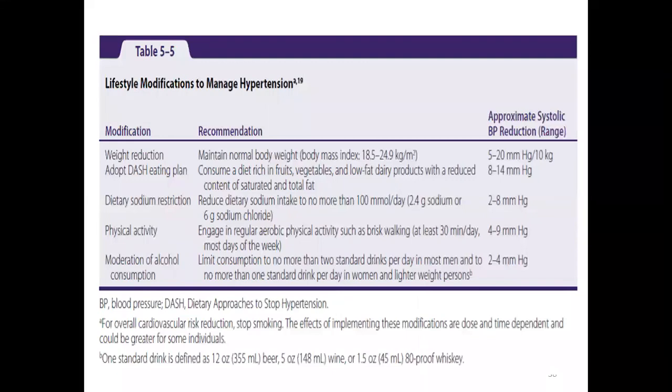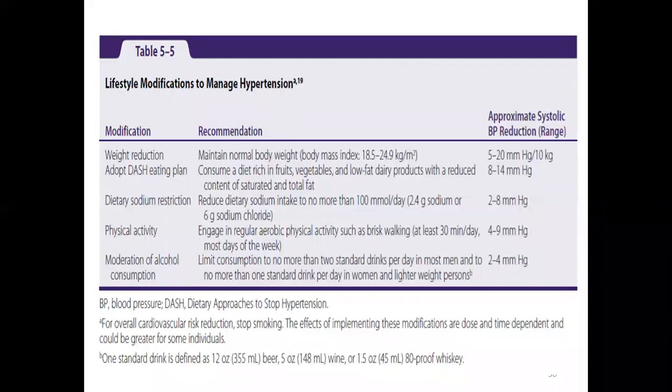This table shows you the role of lifestyle modification in reducing blood pressure, with the approximate possible values. If you reduce your weight, you can reduce your blood pressure by 5 to 10 millimeters of mercury per 10 kg.